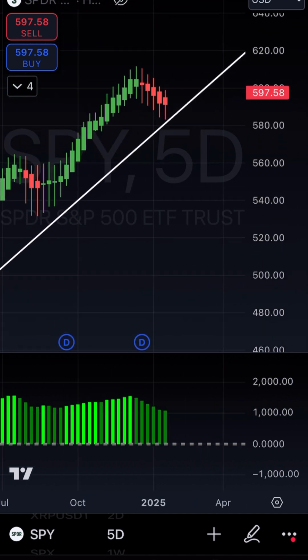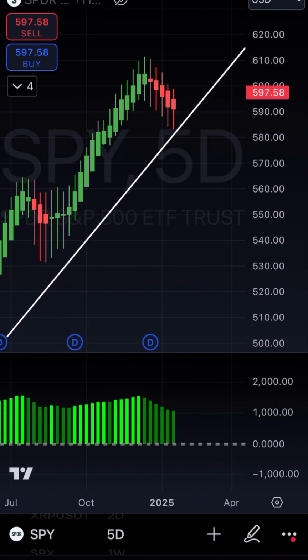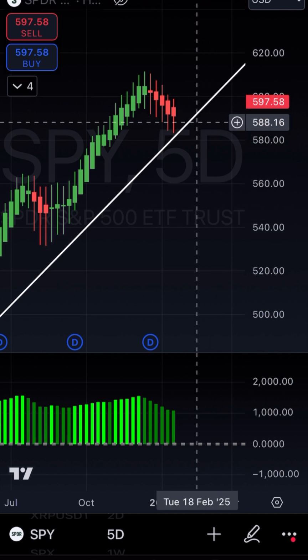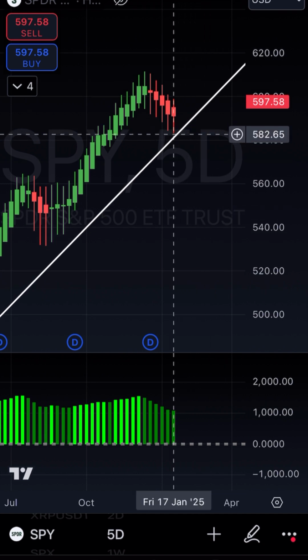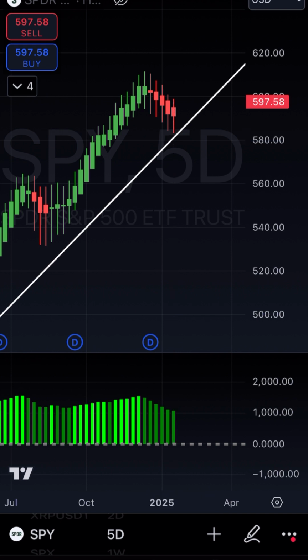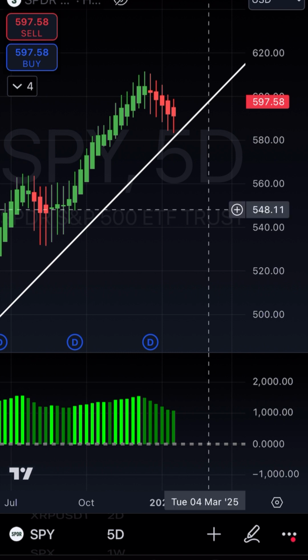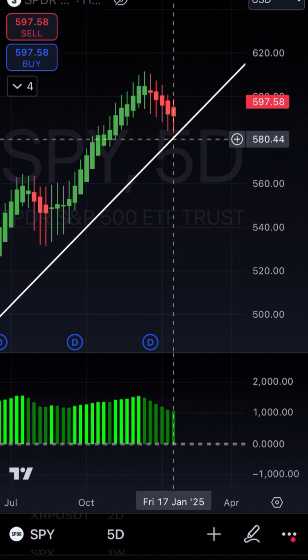Based off of it, what we see right now is it's pretty much touching the trend line. So the bottom pretty much is at 583. To prepare for trades, when the price gets close to 583, that's when you can enter a call.